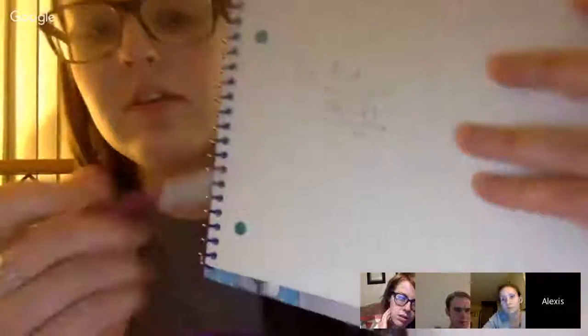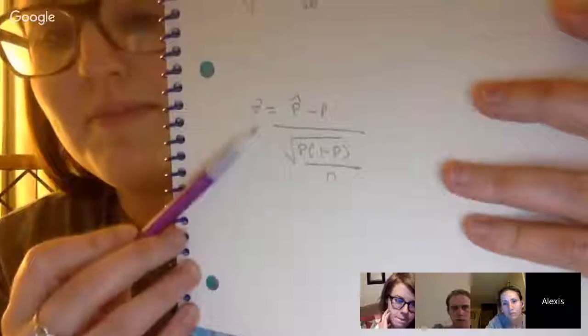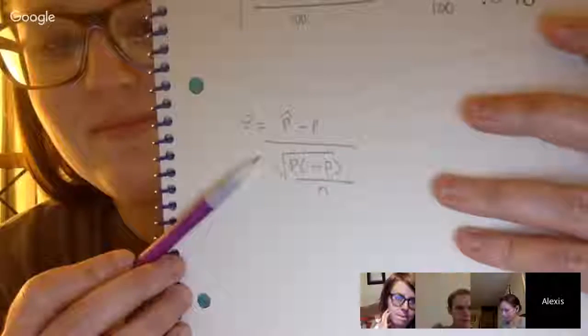Is it this formula we're doing right here? Hold on. Is it this one? That's a Z. Yes, that's the right one.